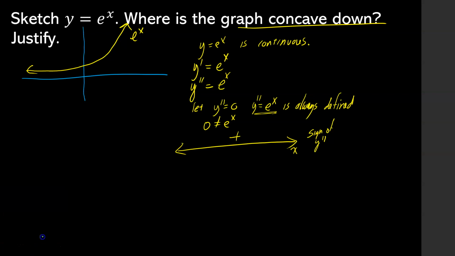Well, that's pretty easy. e to the x is concave down when its second derivative is negative. So what are we going to say? y equals e to the x is continuous everywhere. Since y double prime is greater than 0 everywhere, y equals e to the x is never concave down.